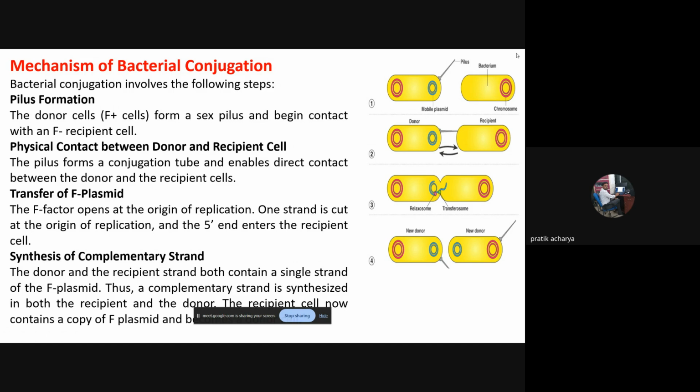So what happens here? Just look at this. The donor is the one that has more property, here the first one, with the presence of this plasmid DNA. But the second one does not have this property. So the donor is considered F plus, and the recipient is considered F minus.